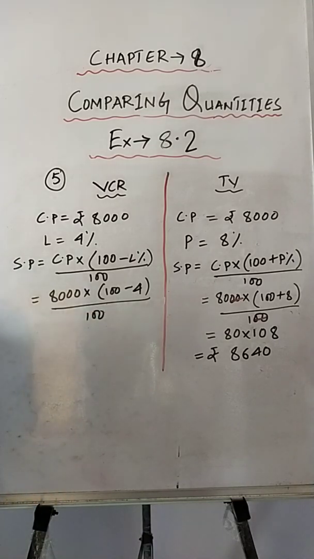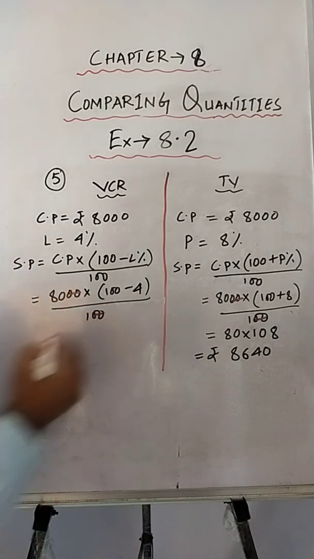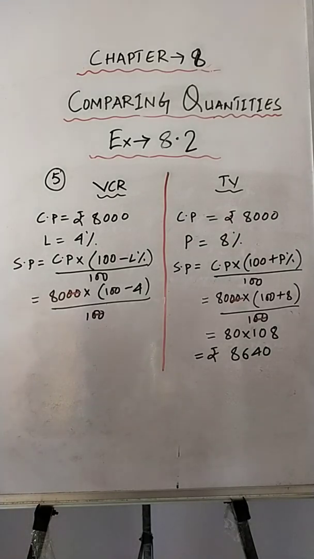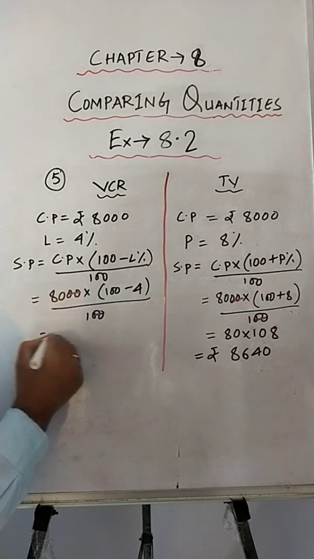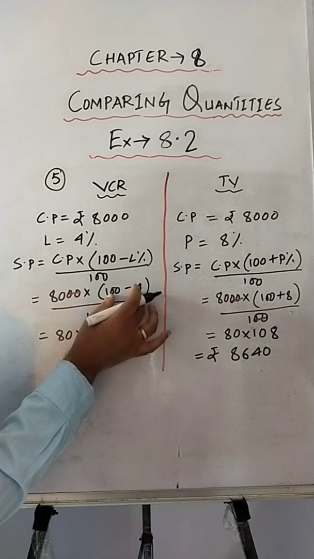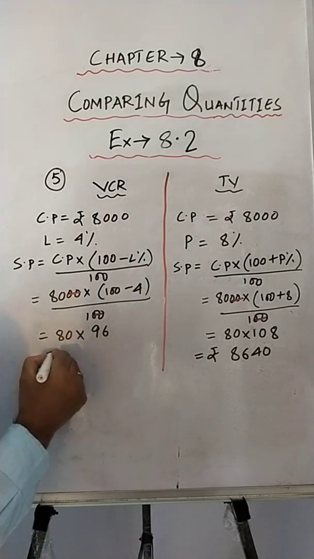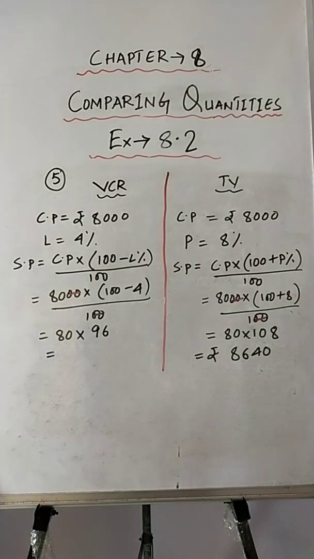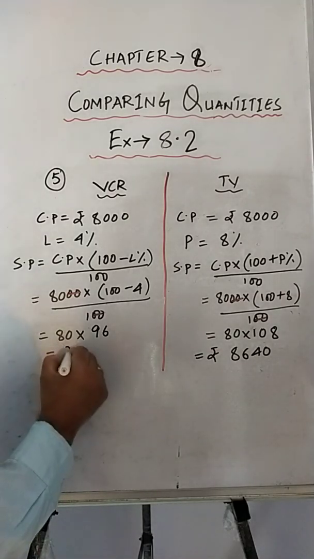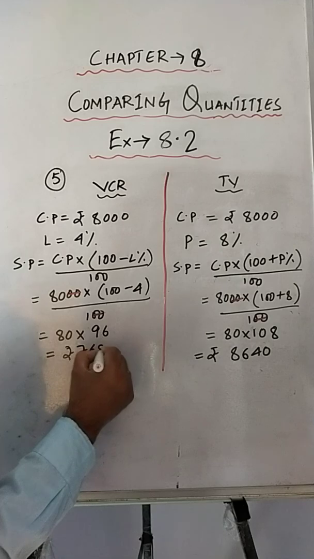So again we'll reduce these two zeros. Okay, so 80 into 96. And when you will multiply it, what will be the answer? The answer is 7680. That is 7680.